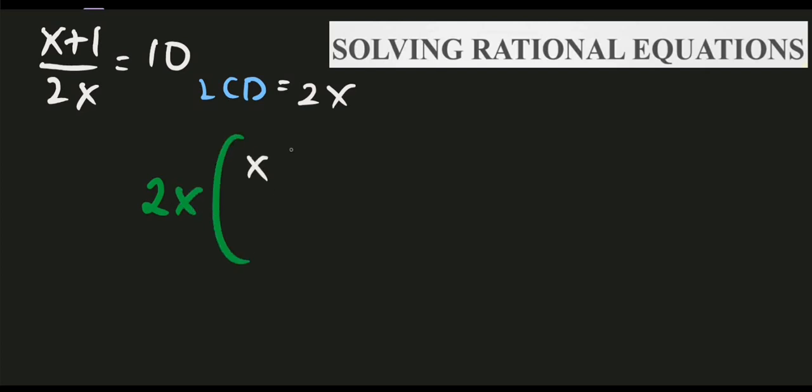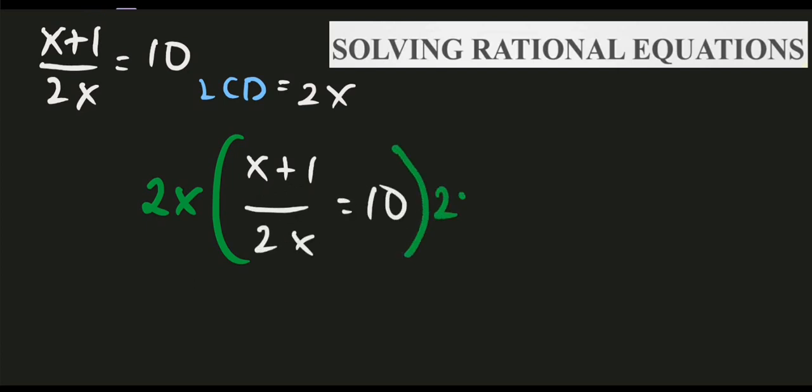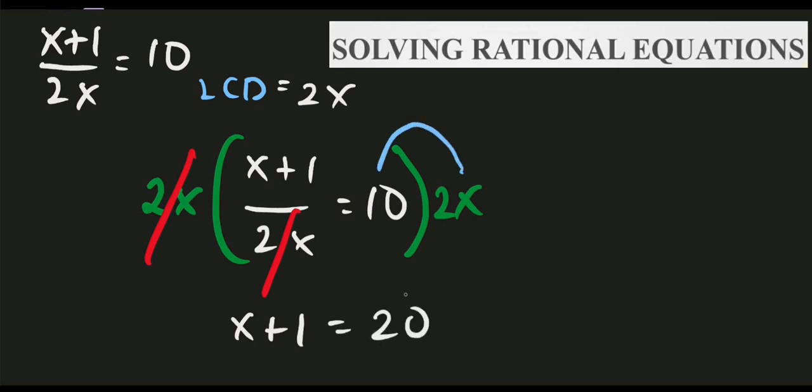So it will give us x plus 1 all over 2x is equals to 10 times 2x. So let's distribute the value of our LCD. It will allow us to cancel out this one. So it will give us x plus 1, and distribute this 2x to 10. So that is 20x. That is equals to 20x.